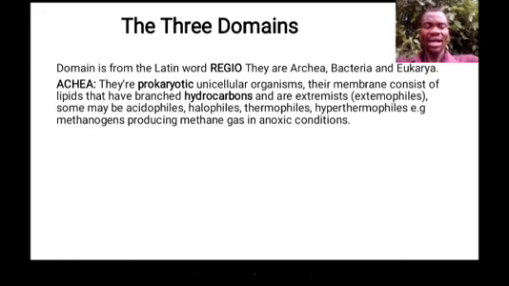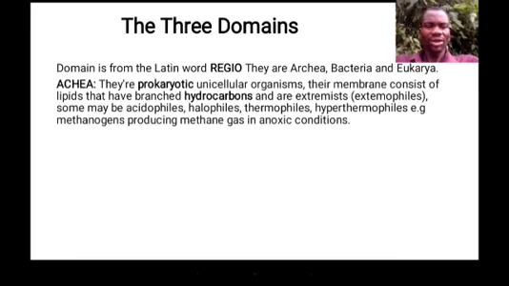The archaea group, they are prokaryotic. When we say pro, it means before. Karyotic, or karyon, is from the word kernel, which means before nucleus. So this explains prokaryotic as organisms without a nucleus.